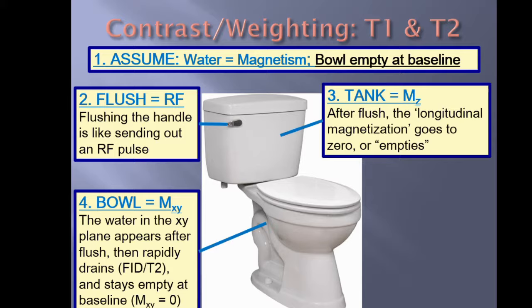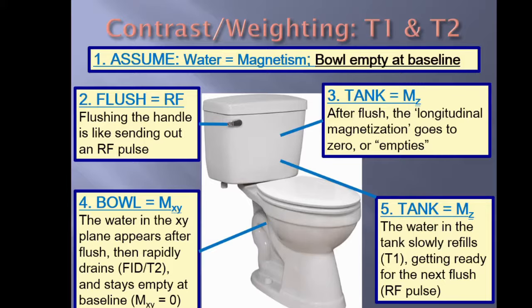Okay, and it decays rapidly in an oscillatory manner, just like a toilet bowl drains. Okay, and that's free induction decay. Now the fifth step is back to the tank, which is MZ, or longitudinal magnetization. The water in the tank will slowly fill back up again, right, which represents T1 relaxation, or the magnetization rebuilding in the longitudinal direction, getting ready for the next flush.